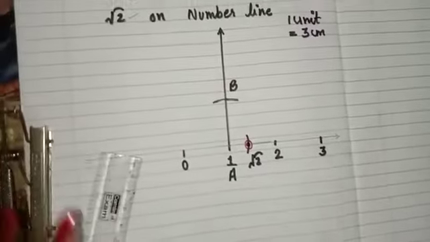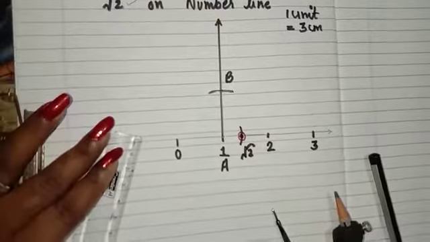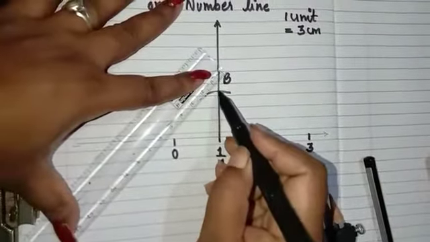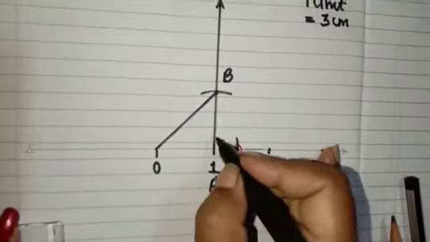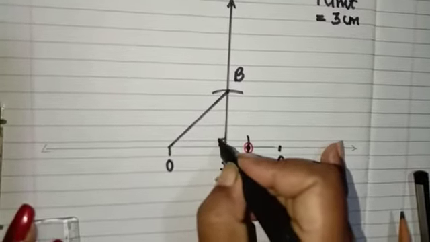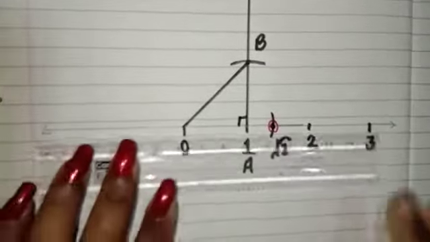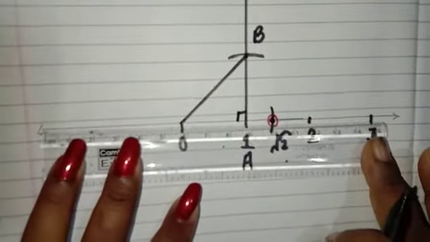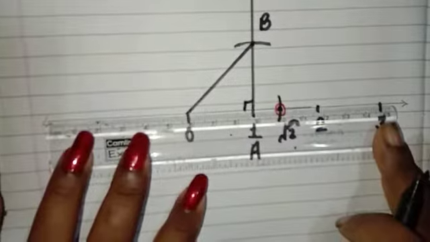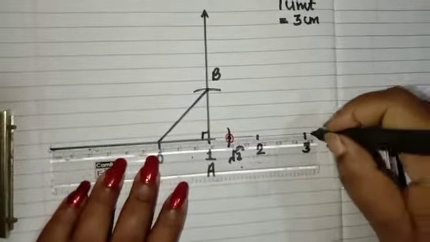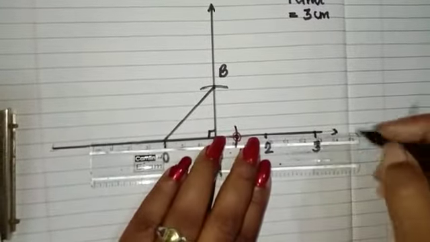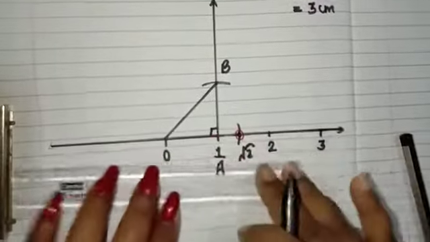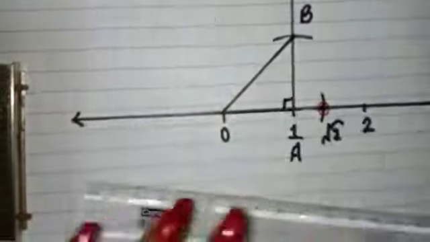This is clear. Now look here, I am going to join O and B. This is the perpendicular, so this is 90 degrees. I am going to darken the line, because I have drawn in pencil, with a sketch pen.